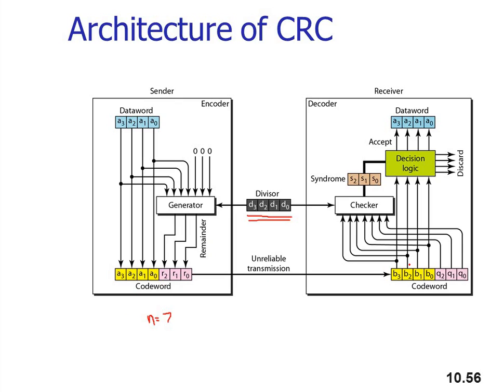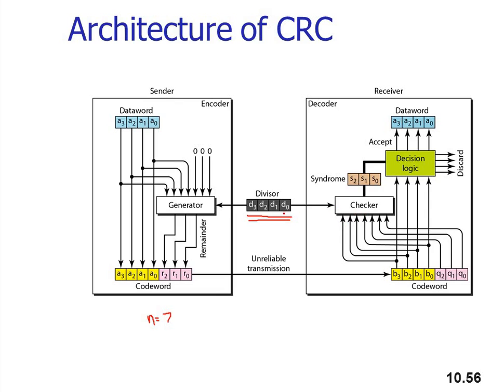At the receiving end, exactly the opposite happens. You receive the code word along with the redundant bits, and these are passed through the checker.